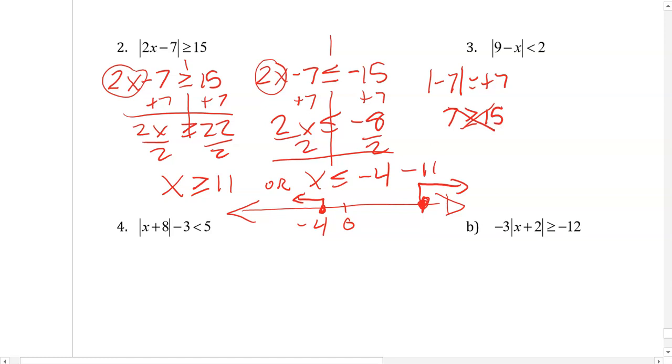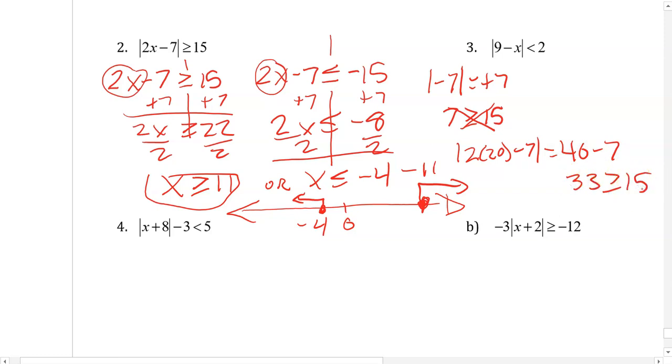But let's say we took a large number, bigger than 11. Say we took 20. The absolute value of 2 times 20 minus 7 would be 40 minus 7, which is 33, and 33 is greater than or equal to 15. That's the positive side.